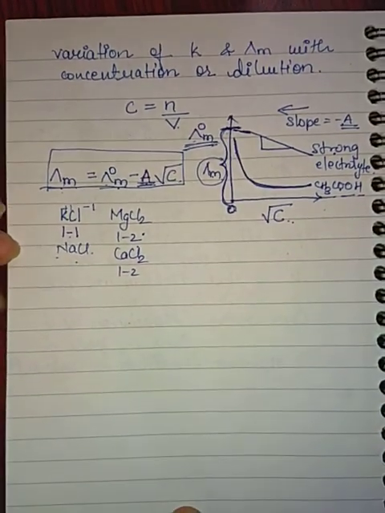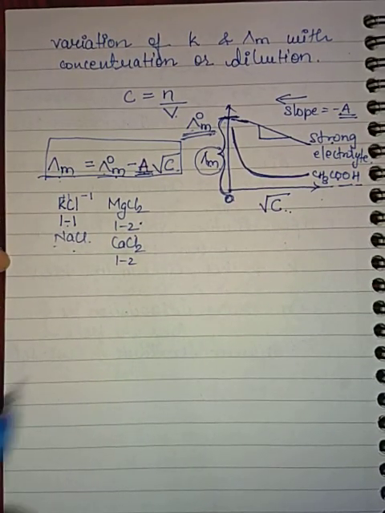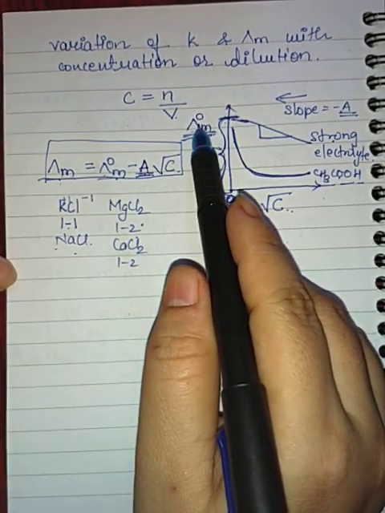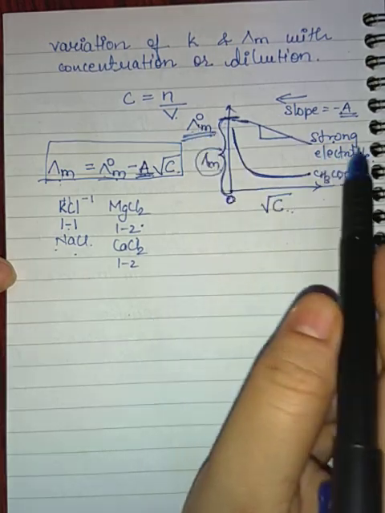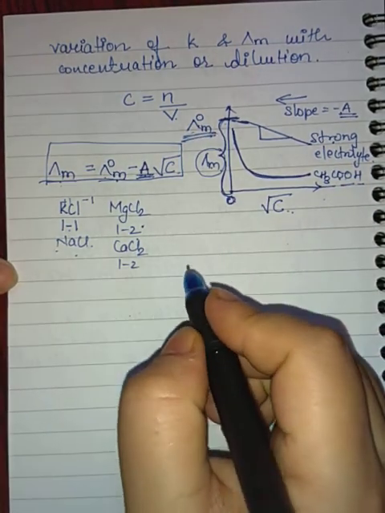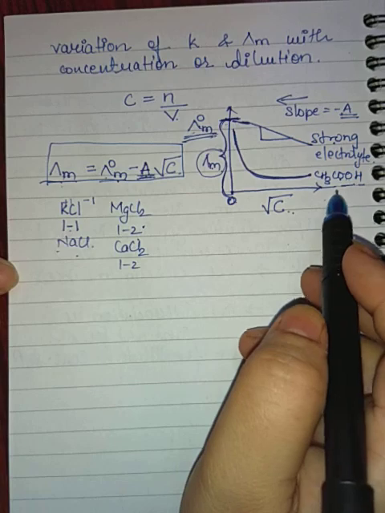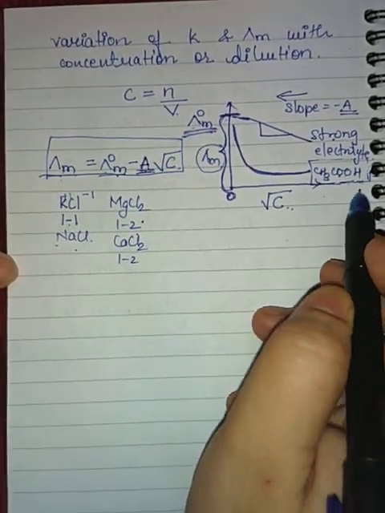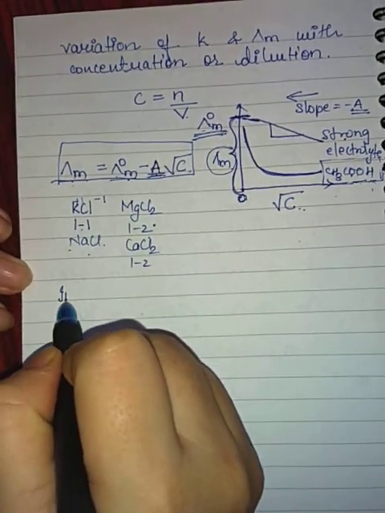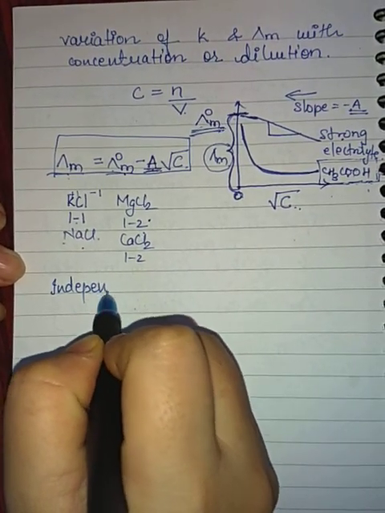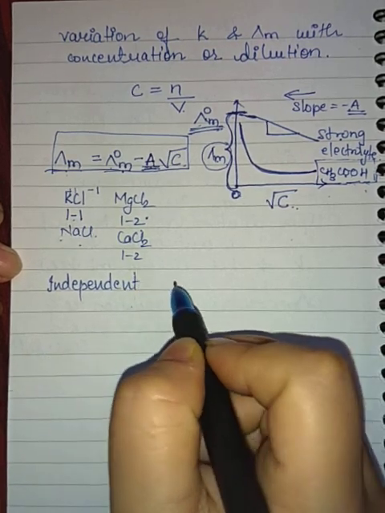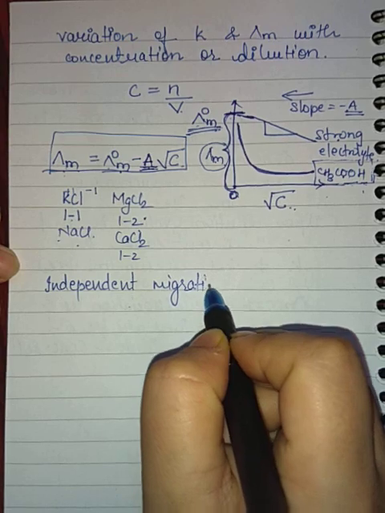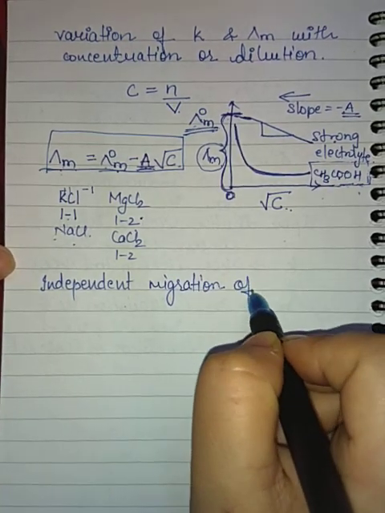Now if we see, for strong electrolytes, lambda naught m, limiting molar conductivity, we can calculate, but for weak electrolyte we cannot calculate. So there is a law to calculate limiting molar conductivity of weak electrolytes. That law is called independent migration of ions.